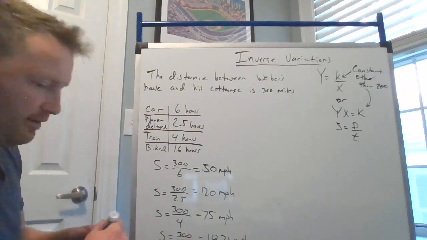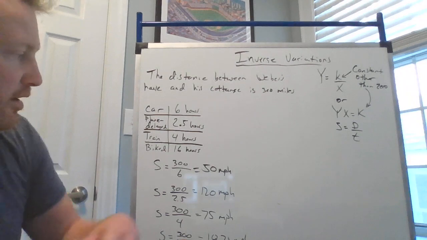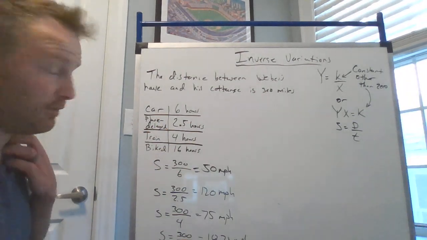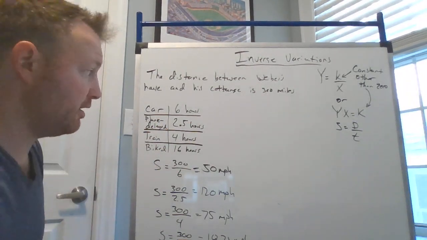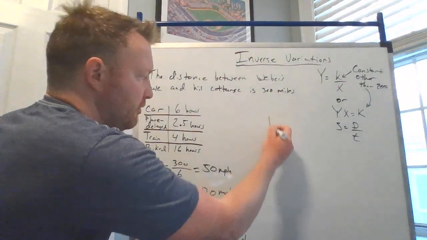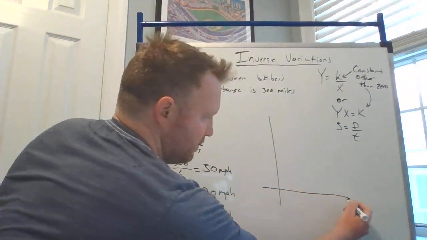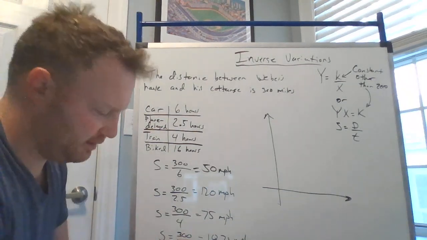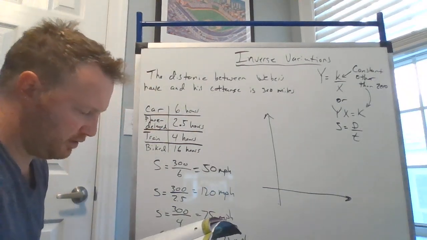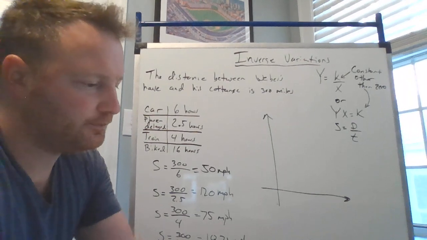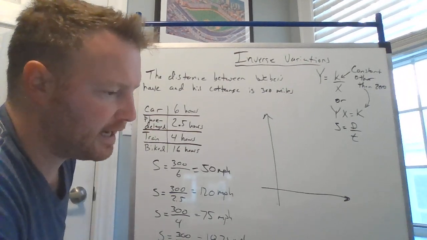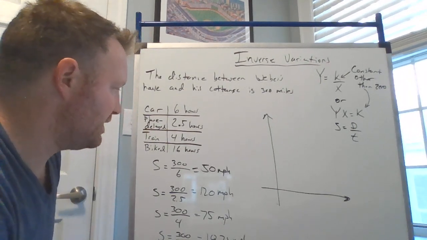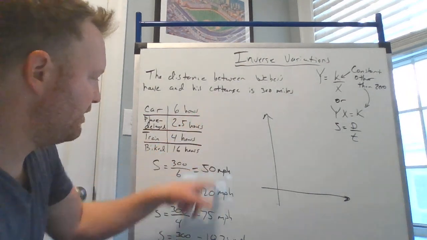All right, now we are going to graph this data, and it's supposed to have a curve to it because it's inverse. All inverse variations have that little curve to them, okay? So if I'm asked to plot the data and draw the graph, we'll draw the time and the average speed.